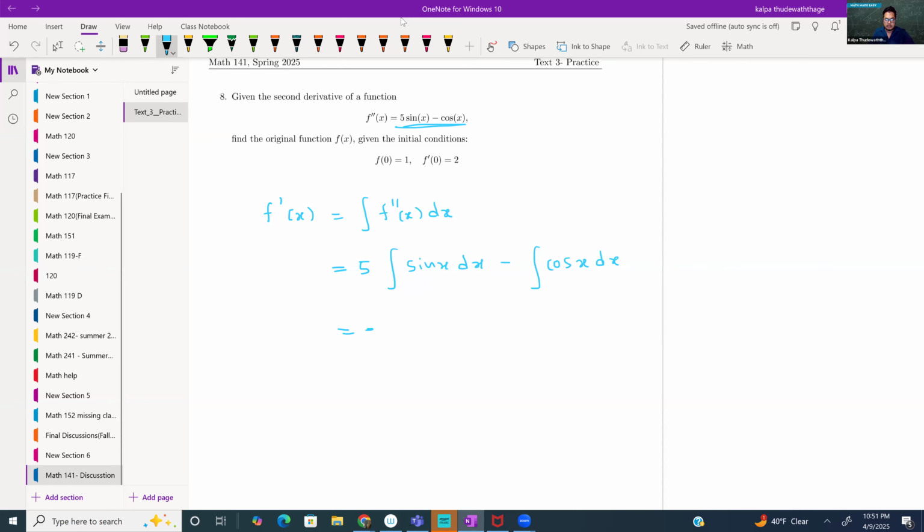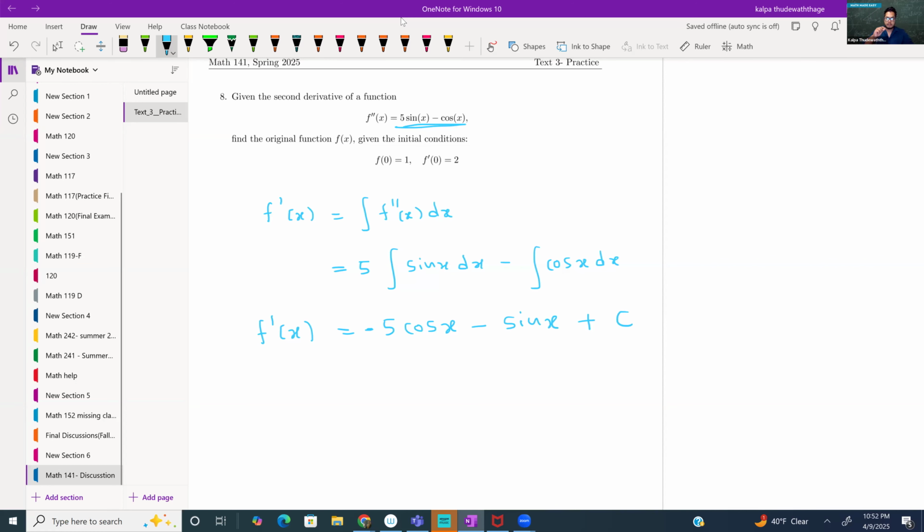Integration of sine is minus cosine, because the derivative of cosine is minus sine. And I have to have an arbitrary constant. So this is my first derivative. I get that by integrating the second derivative. That's how you come from second to first.